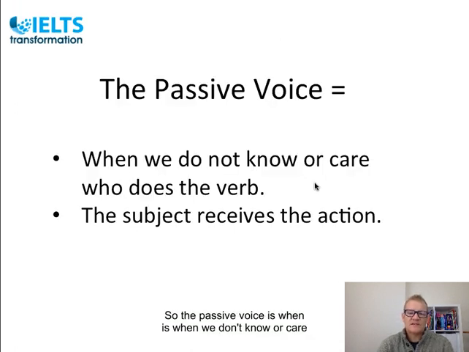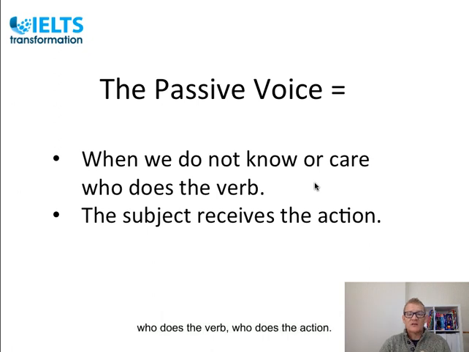So the passive voice is when we don't know or care who does the verb, who does the action. So the subject of the sentence receives the action. This is different to the active voice, where the subject does the verb, and if there's an object, the object receives it. So, for example, let's say "she hit him" is active.